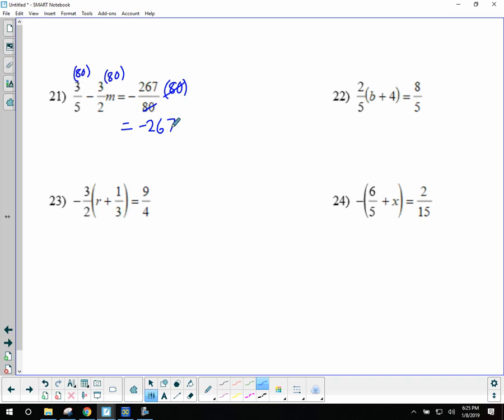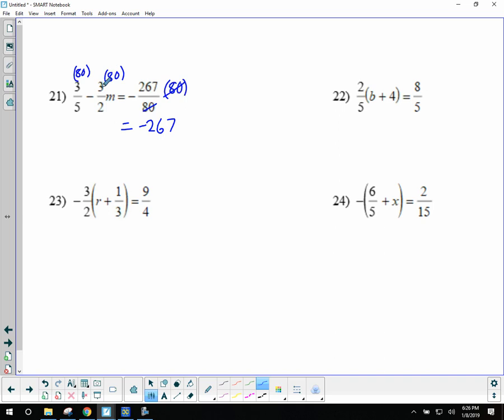Over here, think of it like this. That 2 is still dividing everything. Okay, that 2 is still dividing here. Well, what's 80 divided by 2? Good, 40. Well, then what's 40 times 3? Remember, 4 times 3 is 12.